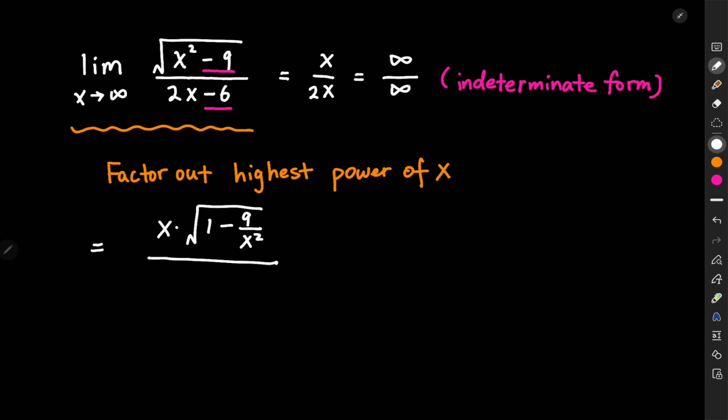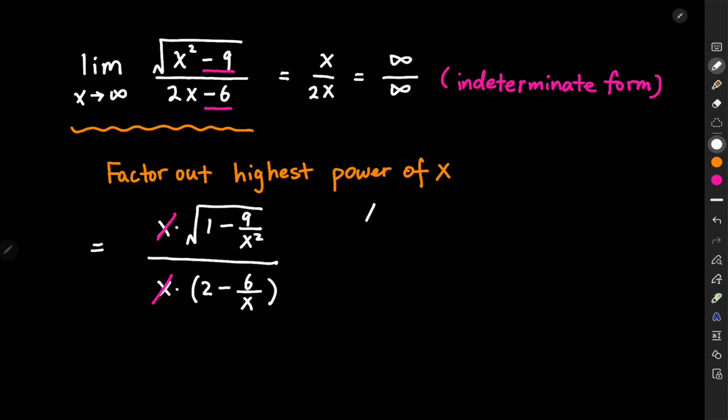And on the bottom, we would have x times 2 minus 6 over x. And the next step is let's cancel out the common terms. Even though x goes to infinity, we can still cancel out the common terms when we have x both on the top and the bottom here.